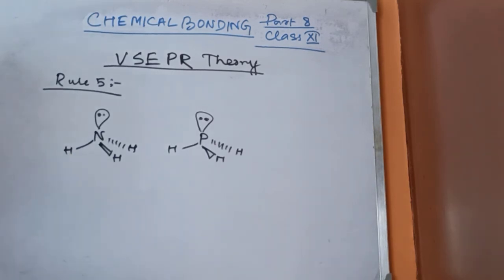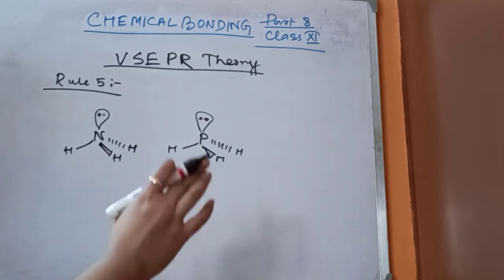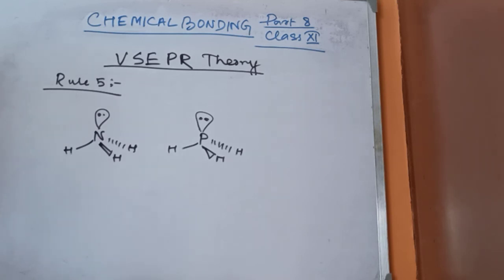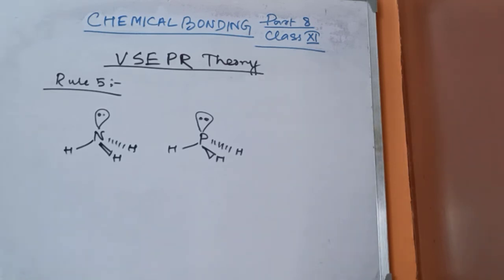Nitrogen, carbon, oxygen do not have d orbitals. They only have filled 2s2p orbitals. But phosphorus, silicon, sulfur have the incomplete or vacant 3d orbital.